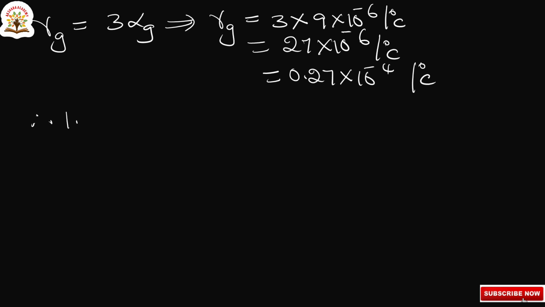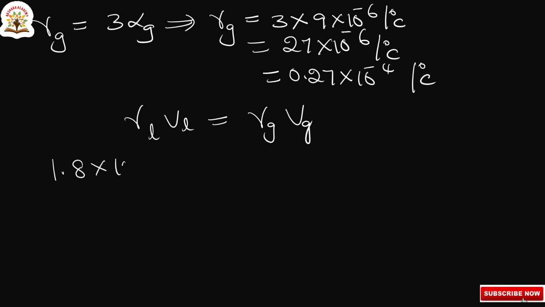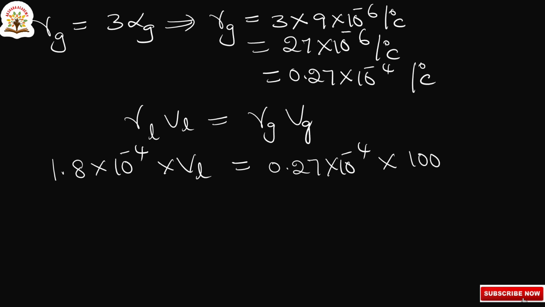First, gamma L VL is equal to gamma G Vg. So in that equation we are substituting values. Now gamma L VL is equal to gamma G into Vg. Substituting values, 1.8 into 10 to the power of minus 4 into VL is equal to 0.27 into 10 to the power of minus 4 into Vg, given as 1000.